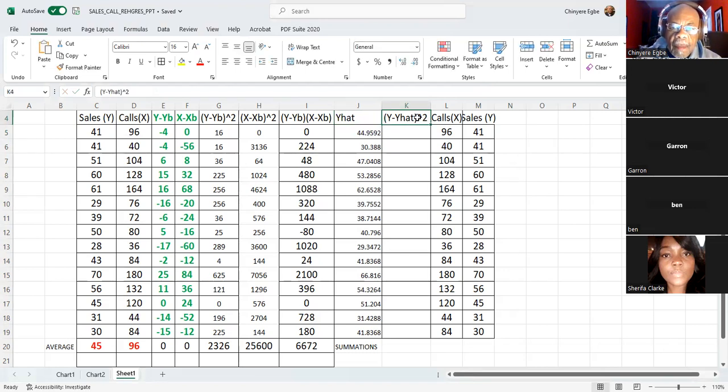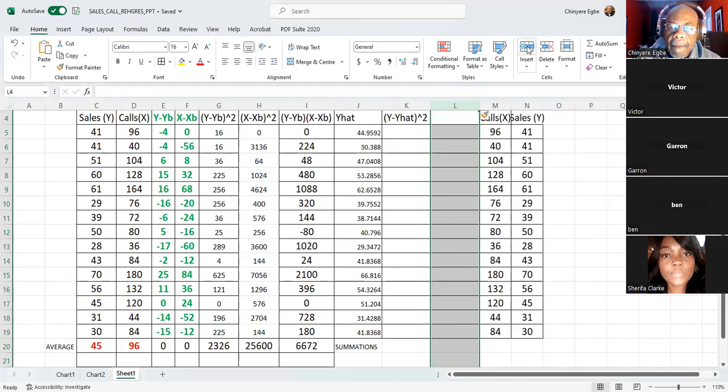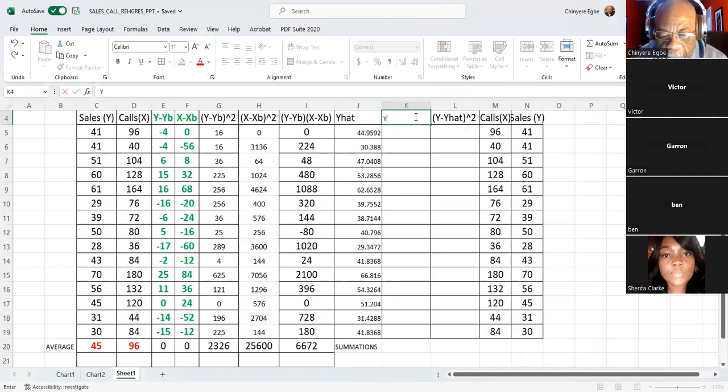So this is actually Y hat, and then this is now Y minus Y hat. Sorry, guys, that I missed that one.